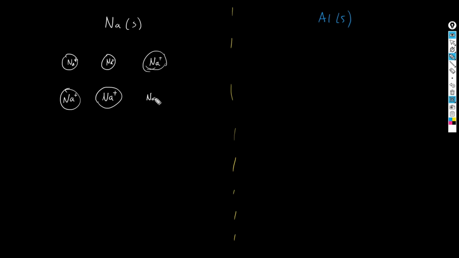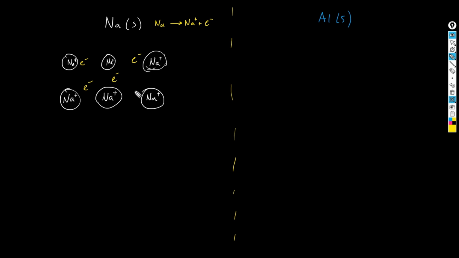And pardon my drawings. So for sodium, when we draw these electrons, we are going to draw these electrons in a 1-to-1 ratio. Why? When sodium solid turns into an ion, it will turn into a +1 ion, releasing 1 electron, meaning that the sodium ion and the electrons are in a 1-to-1 ratio.